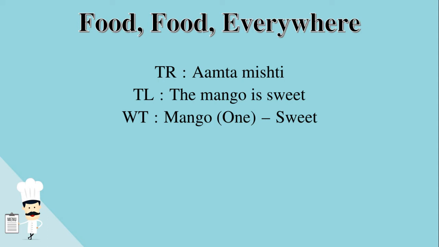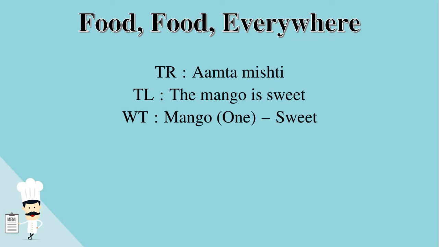Let's have a couple of examples. Now mishti, all of the taste words are actually used as adjectives. Mishti is also used as an adjective. So you can actually put other taste words in place of mishti. Just remember to change the noun accordingly.